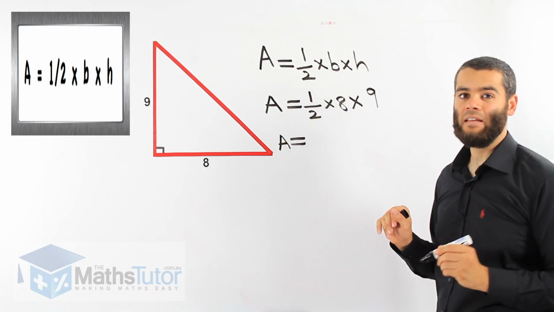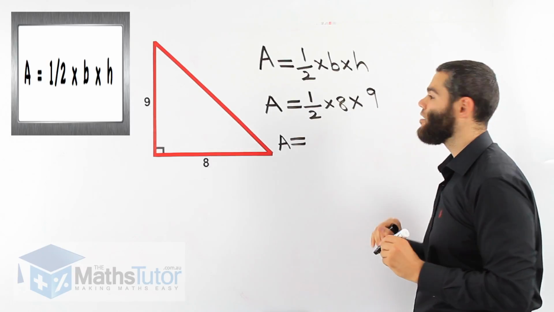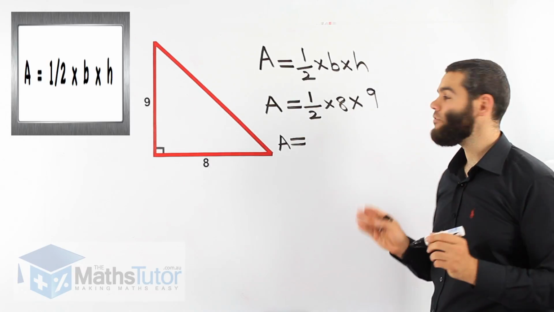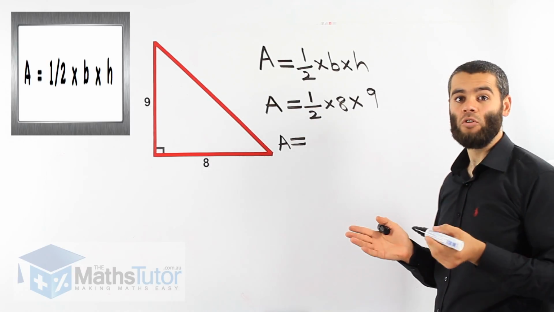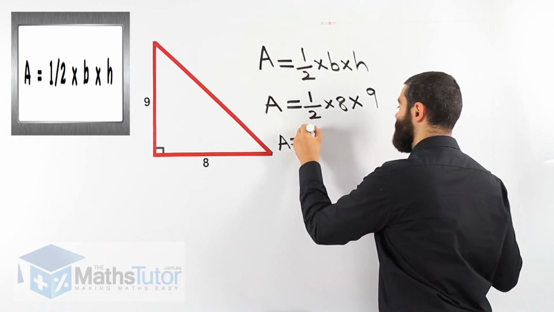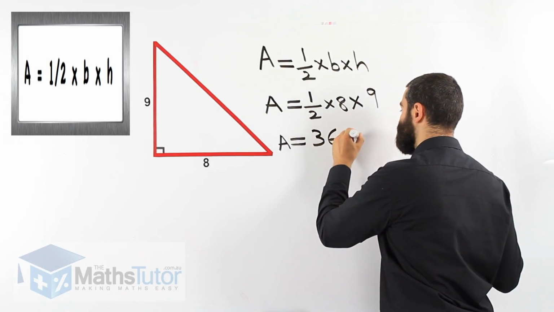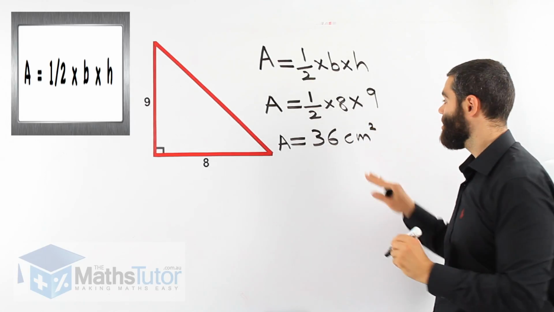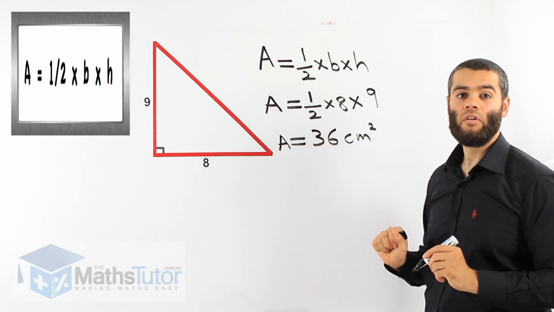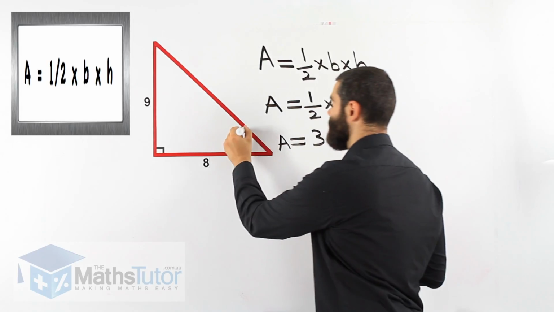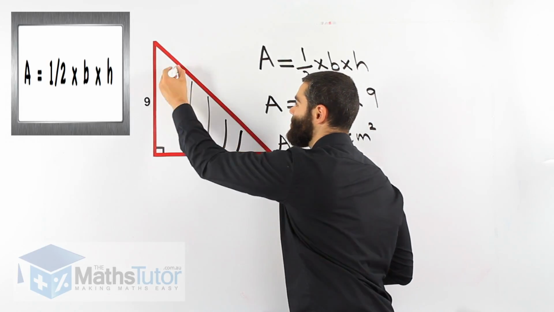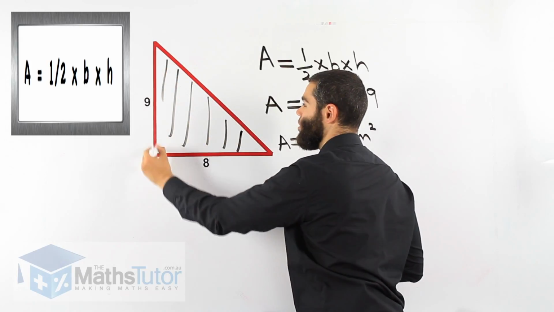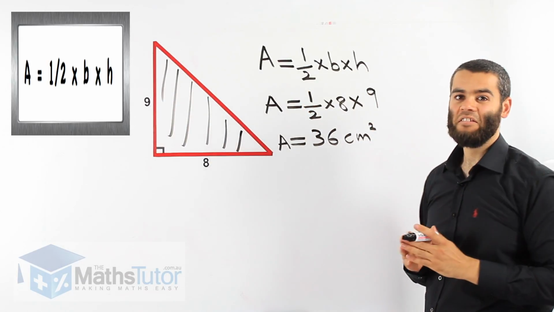So half times 8 times 9. 8 times 9 is 72. Half of 72 is 36 centimeters squared, or 36 square centimeters. So the area of this triangle, everything inside, the space inside this triangle, is 36 square centimeters.